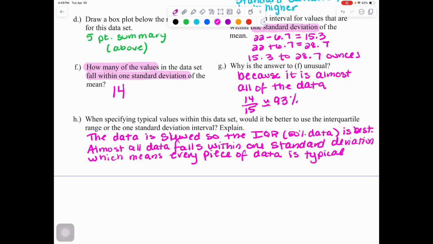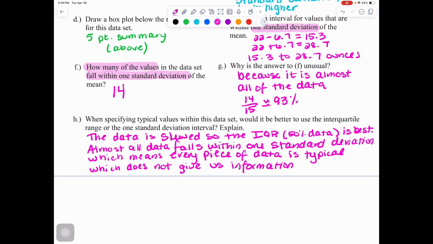Remember, it represents a typical data point. And if that's the case, that doesn't really give us the right information because it's almost all the data. So since all the data falls within 1 standard deviation, it means every piece of data is typical, which does not give us information.